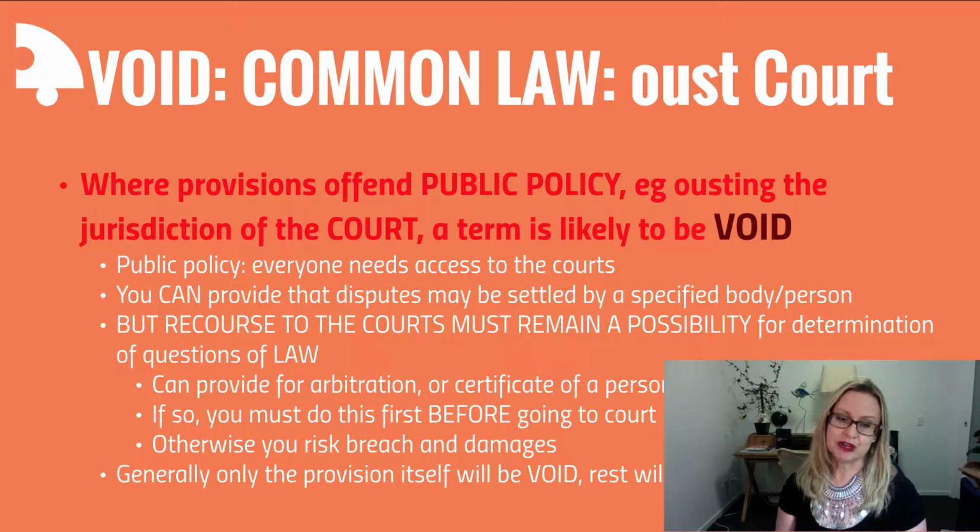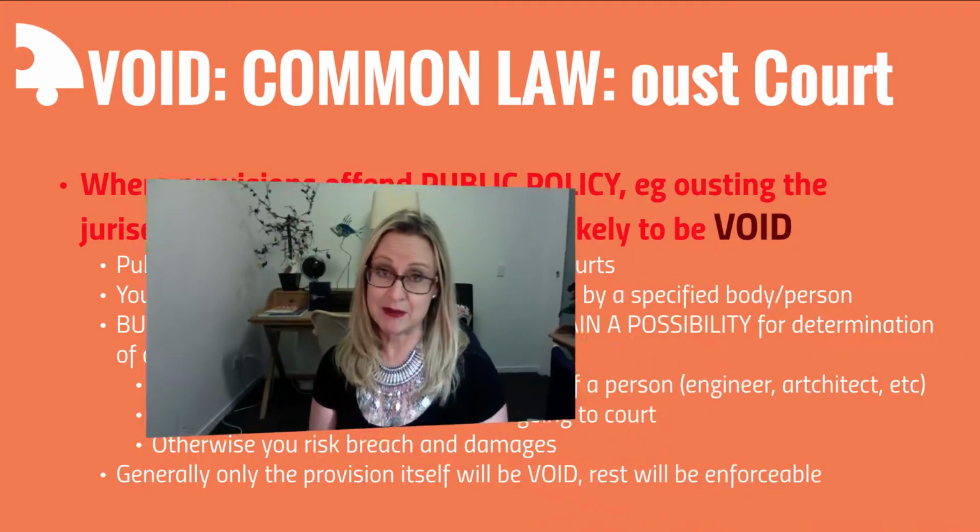So sometimes contracts provide for arbitration or a certificate of a certain person. They will be the arbiter of fact. So you do need to engage with those processes that have been stipulated by your contract before going to court. Otherwise you will risk breaching the contract and you will also risk damages.